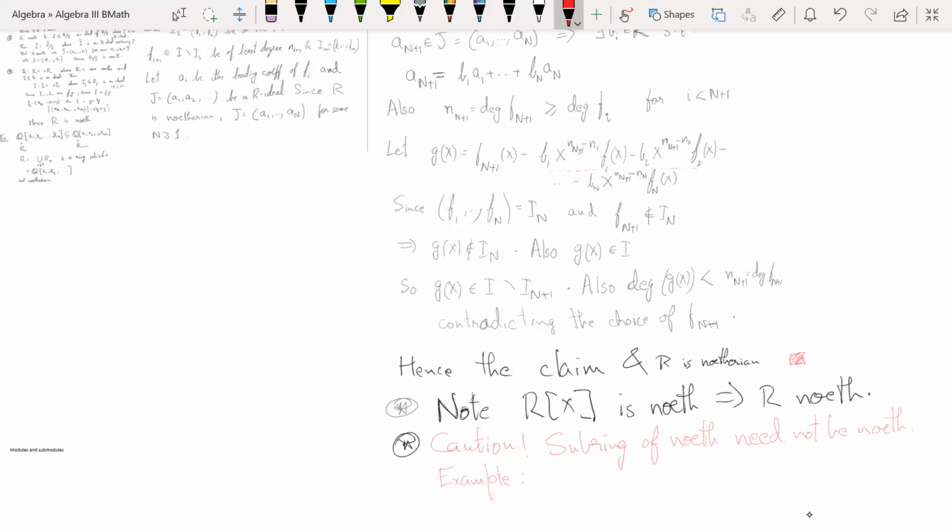So you take maybe C or R, it doesn't matter. Let's just stick to C, and then you want to cook up a subring of C which is not Noetherian. So how do you do that?